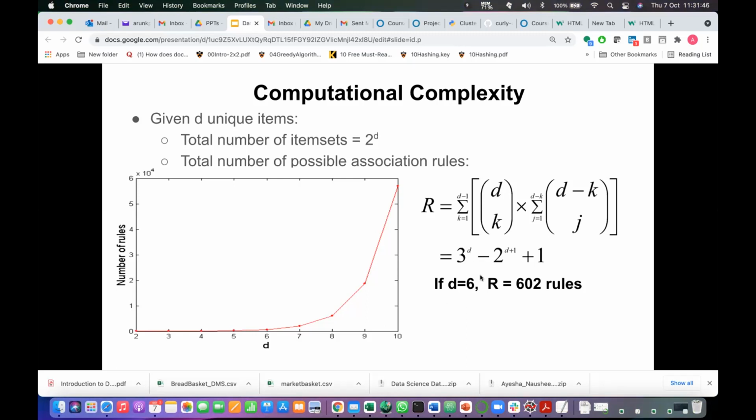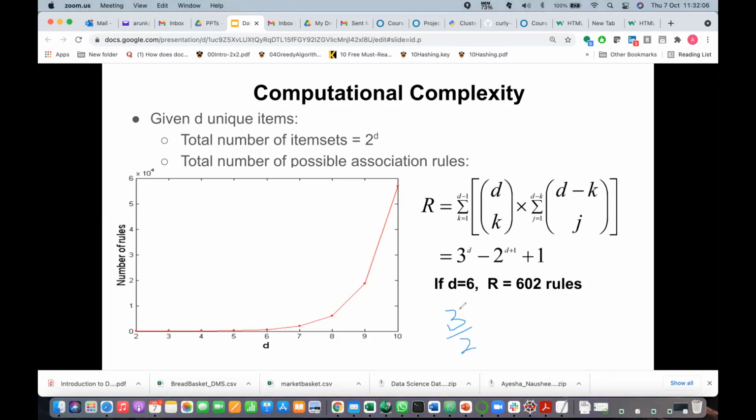If I write 3 power d by 2 power d plus 1, as 3 by 2 power d into 1 by 2, what numbers am I comparing? Both are positive, right? 3 power d is positive and 2 power d plus 1 is also positive. Yes. So I can compare.